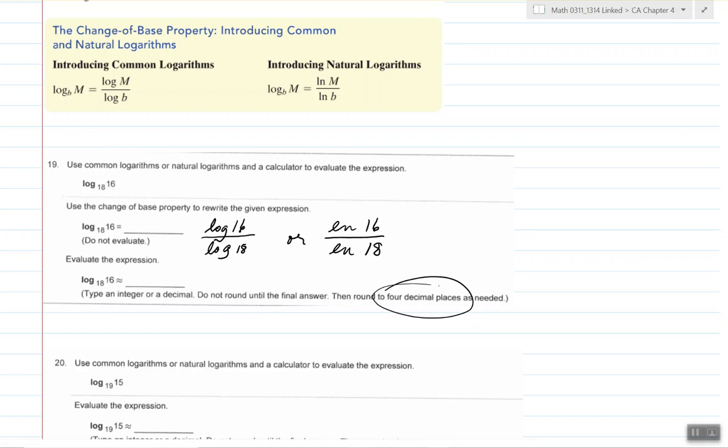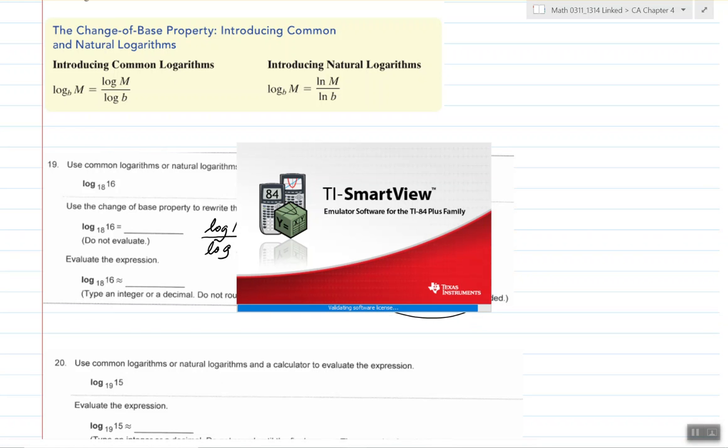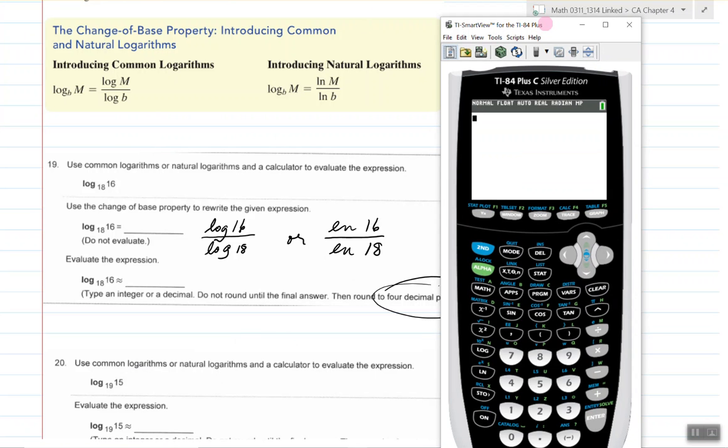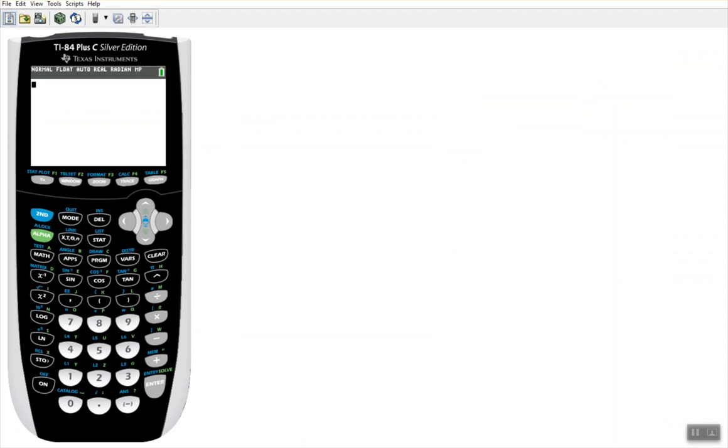Okay, I'm going to do it both ways. I did not intend to close my calculator, and I did. There it is. I'm going to move it over here.